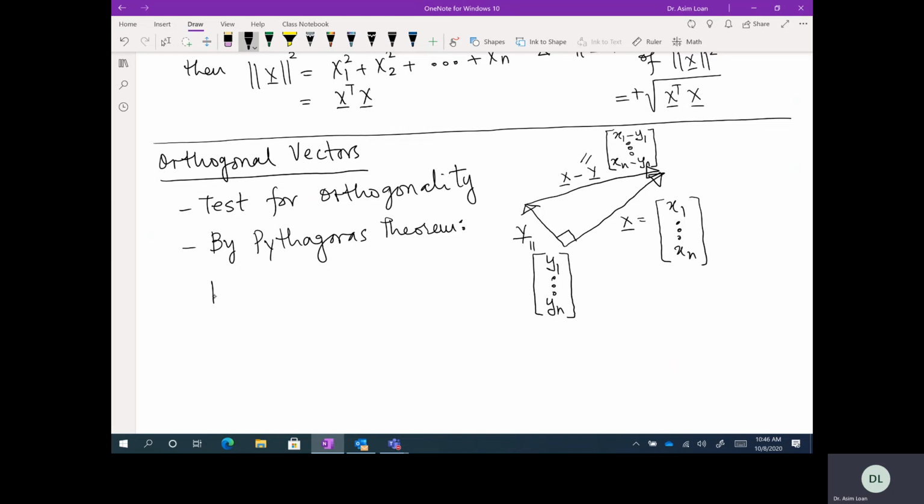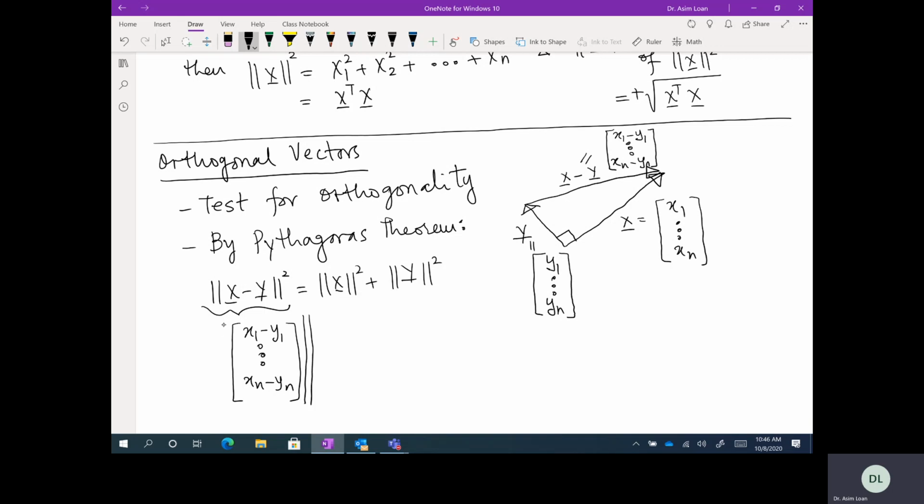Okay. So by Pythagoras theorem, the norm of x minus y squared should be equal to the norm of x squared plus the norm of y squared. You don't say the magnitude of a vector, you say the length of the vector. So let's concentrate on this one and expand it.